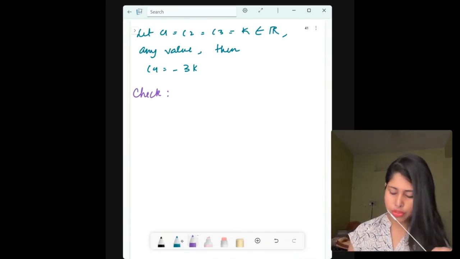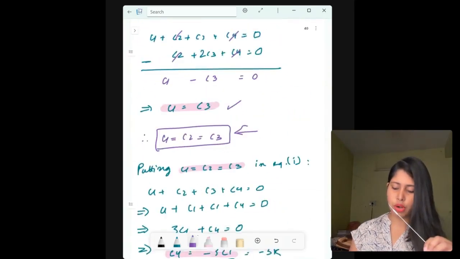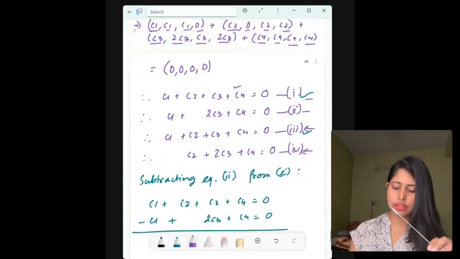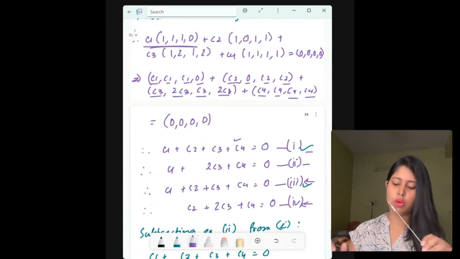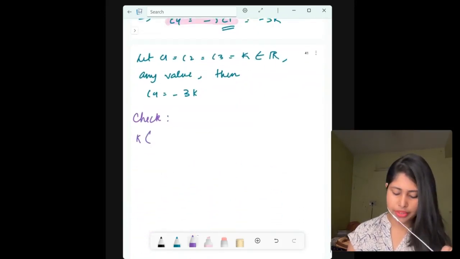Now see, what were the values of alpha 1? Yes, 1, 1, 1, 0, then 1, 0, 1, 1, then 1, 2, 1, 2, then four ones. Okay, so let me write it.